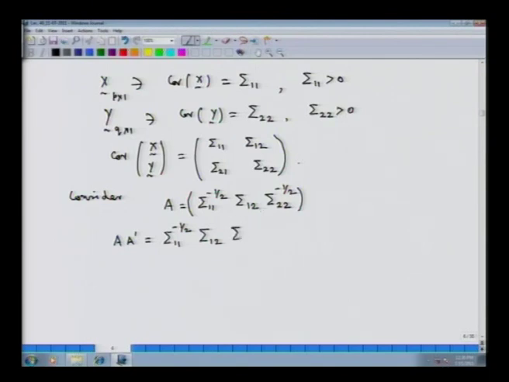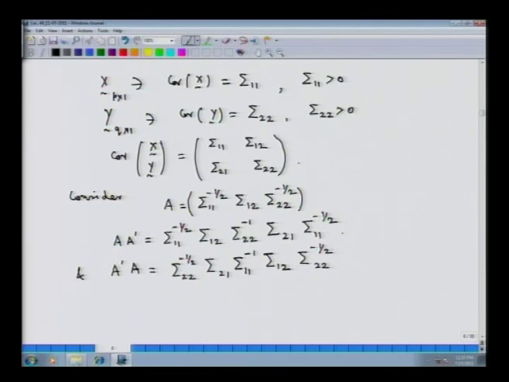So, we will have this as sigma 2 2 to the power minus 1, transpose of this would be sigma 1 2 1, and then the transpose of sigma 1 1 to the power minus half is the same matrix itself, and A prime A is going to be sigma 2 2 to the power minus half, sigma 2 1, sigma 1 1 to the power minus 1, sigma 1 2 times sigma 2 2 to the power minus half. So, these are two matrices A prime A, where A is defined by this matrix.